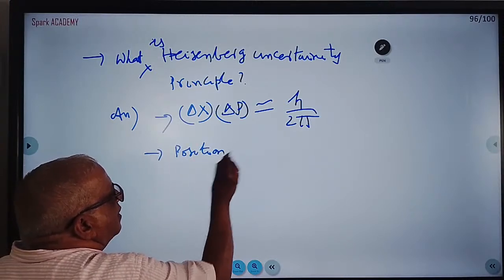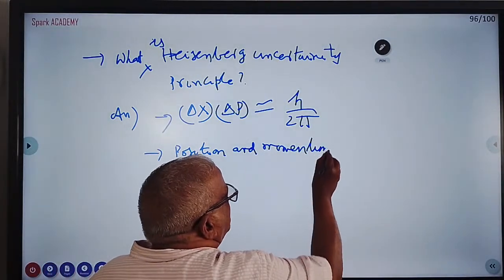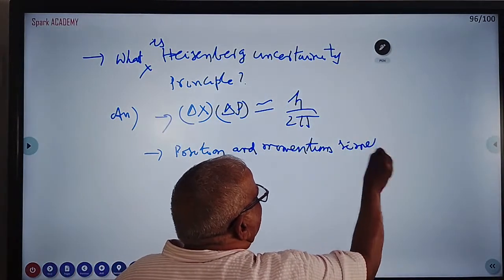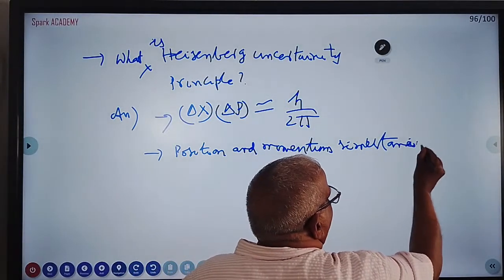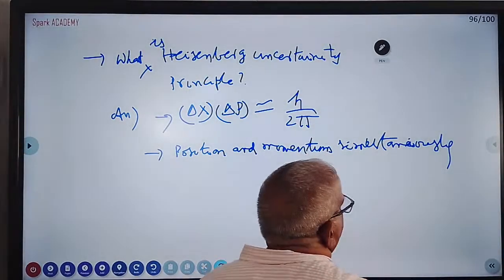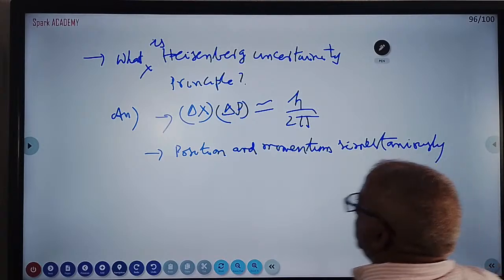Position and momentum simultaneously cannot be found out.